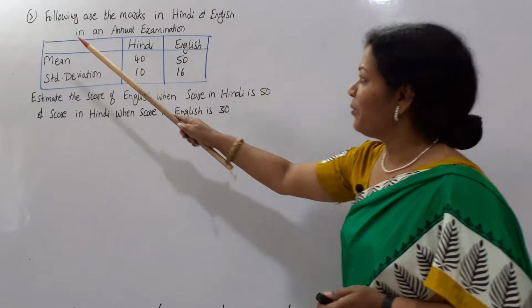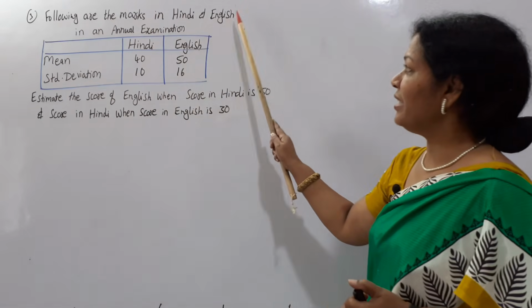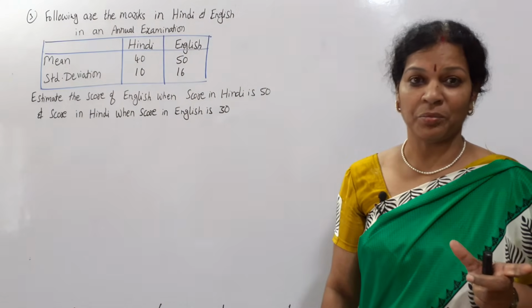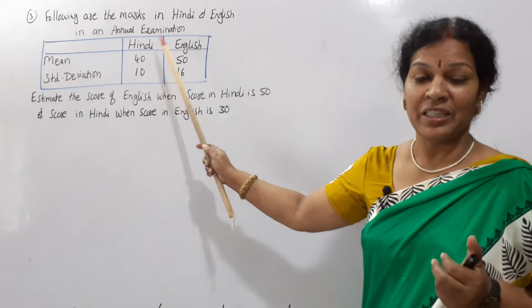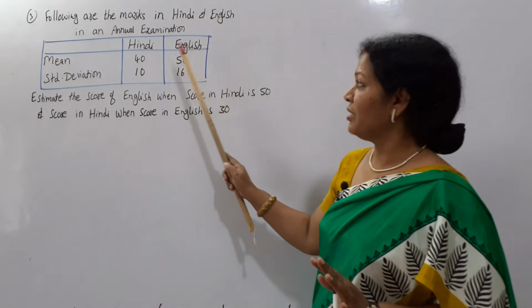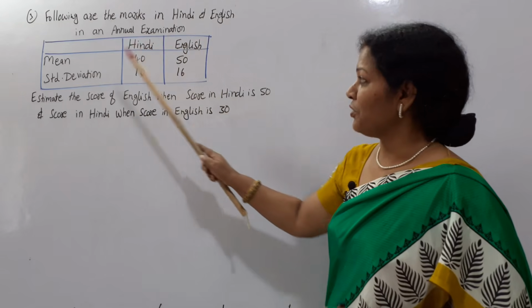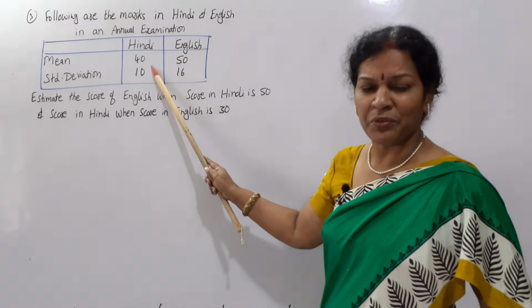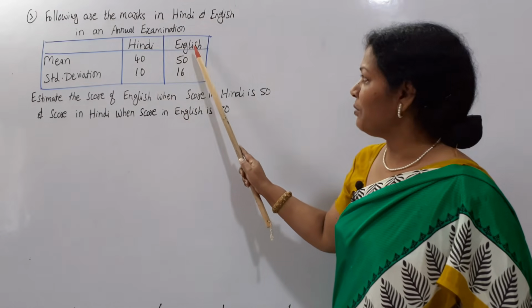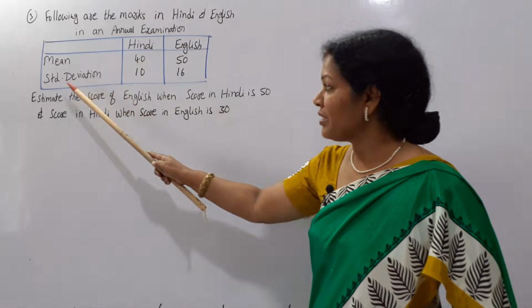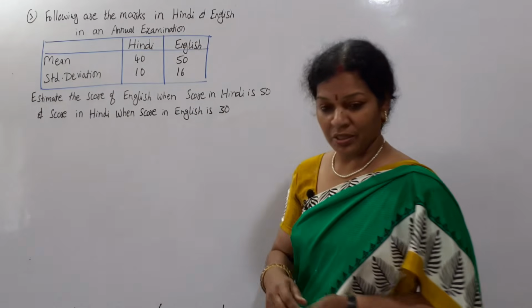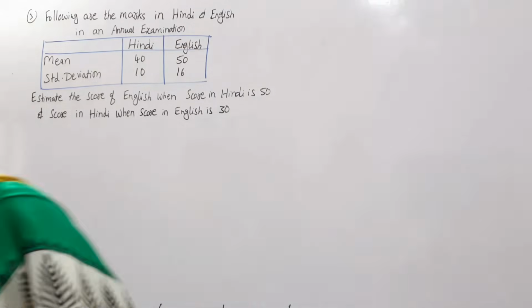Here the following are the marks in Hindi and English in an annual examination. The arithmetic mean, the average, of Hindi is 40 and the average in English is 50. The standard deviation is also given.